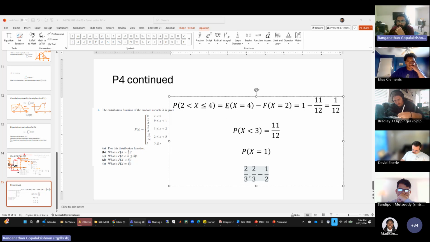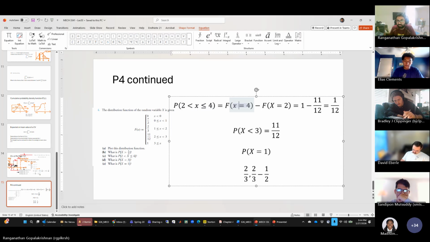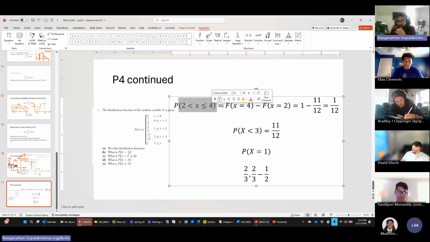Okay, so when I talk about f of x equals 4, this is F of x. In the book they use the lowercase; I'm using the uppercase. So if you want, I can change that. Okay, I want to know what is the probability that x lies between 2 and 4, which I can define as F of 4 minus F of 2.